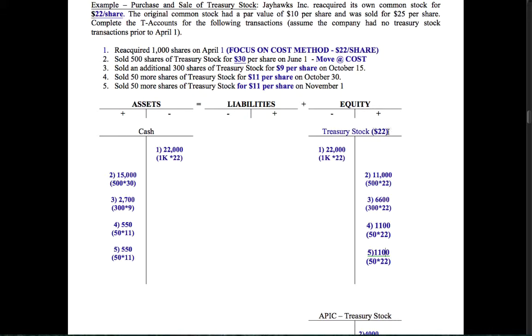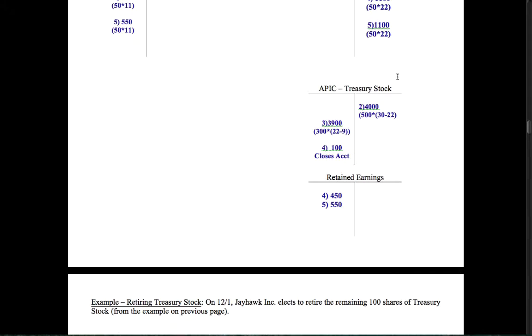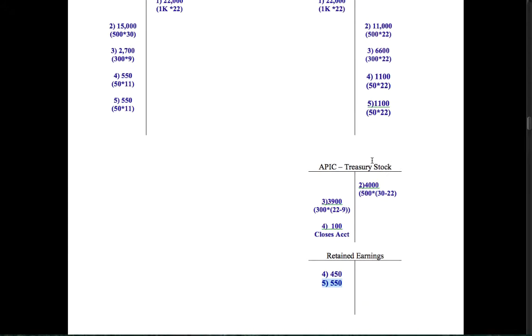That was the cost to acquire. Then, since there is no additional paid in capital of treasury stock left, because that account is now closed out to zero, we have to book the remaining entry, the $550, to retained earnings, which again reduces our equity.